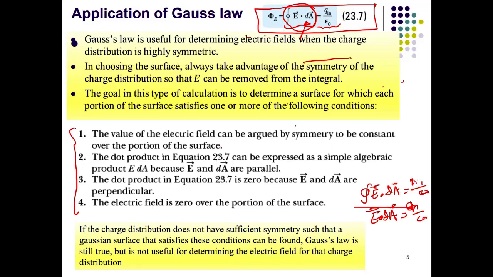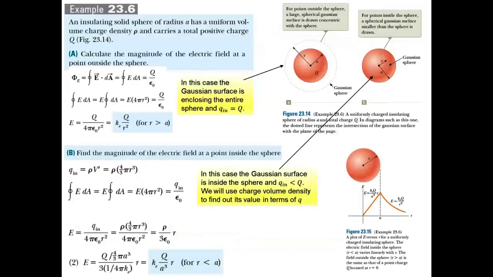It's always a good idea to choose a Gaussian surface where the electric field at every point on that surface is the same. Why? Because in that case, electric field will be constant and it will go out from the integral. So it makes our life easy. And there are situations that we can't find a Gaussian surface, so we will simply say we can't solve it using Gauss law. So let's go through one example or a few examples.